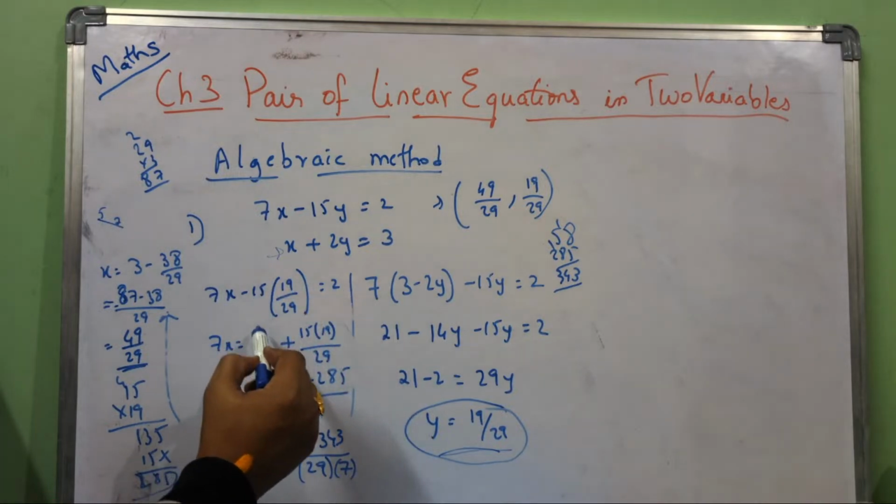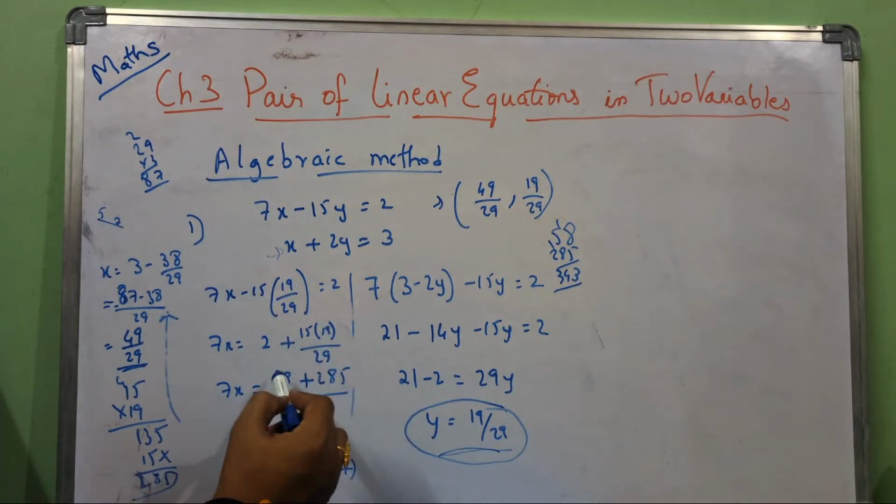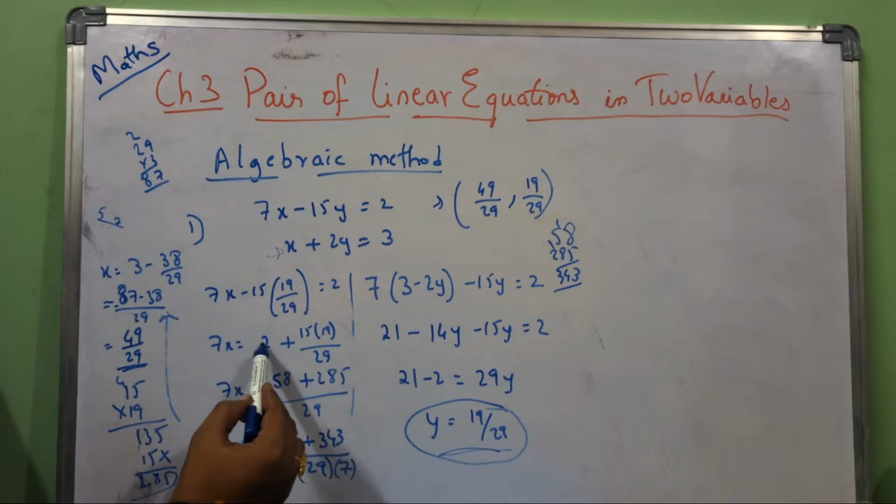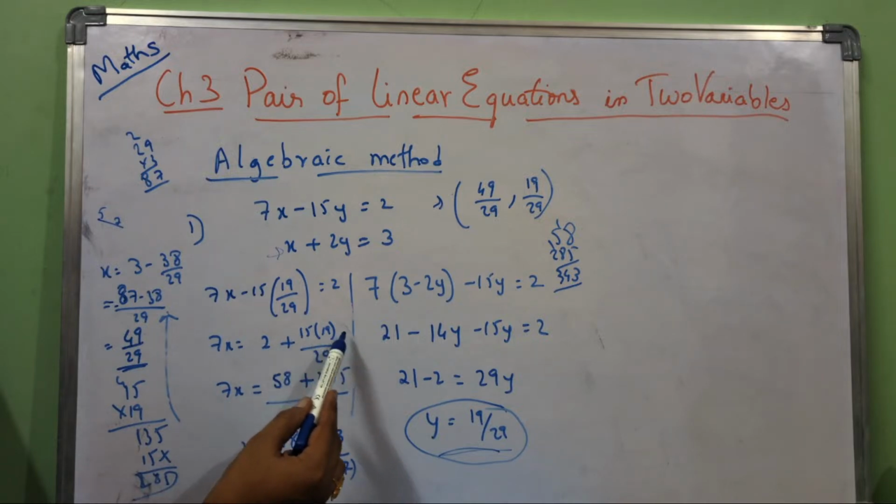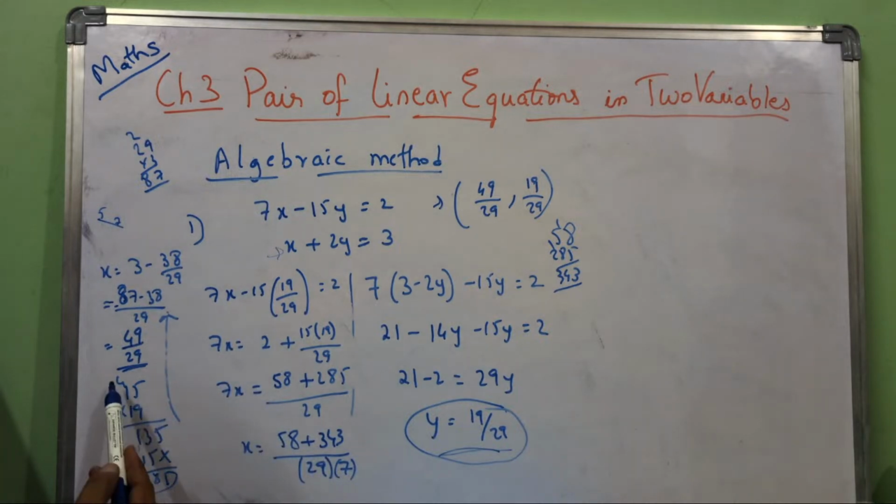So this becomes 2 plus 15 into 19 by 29. 29 times 2 is 58 plus 15 into 19, which is 285.